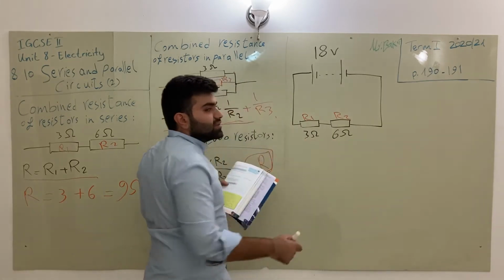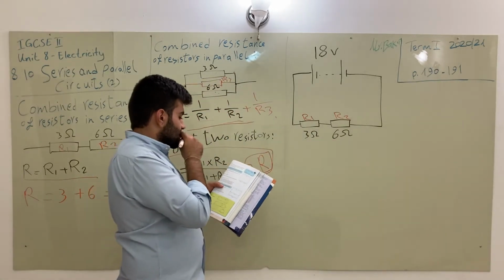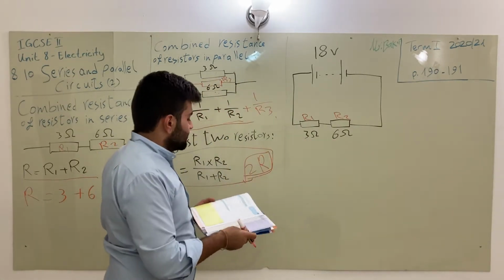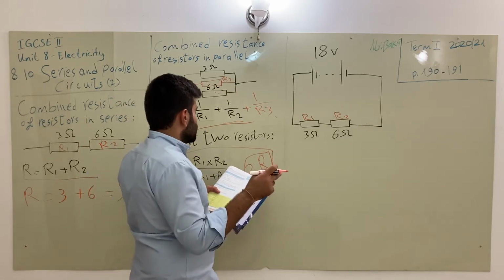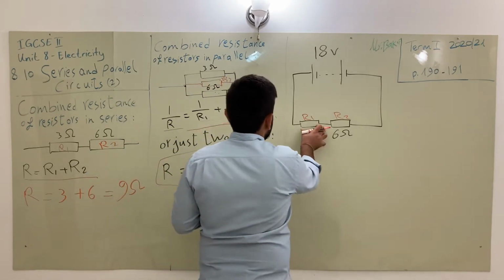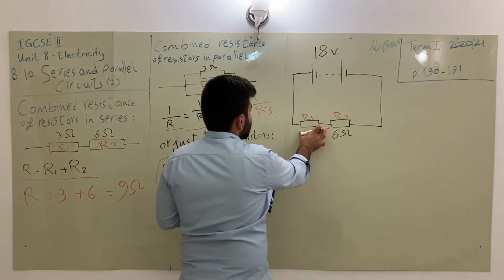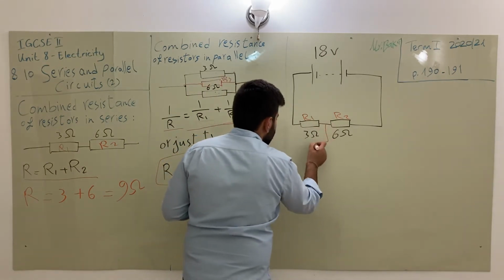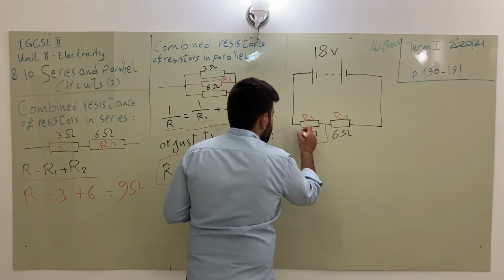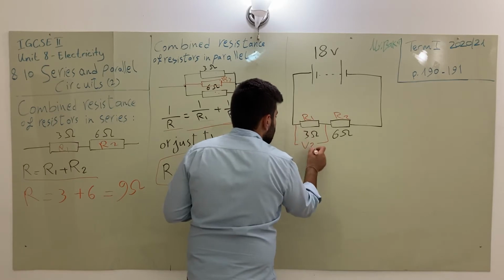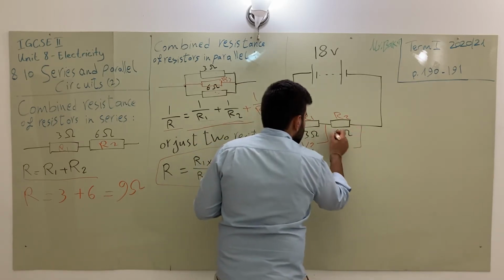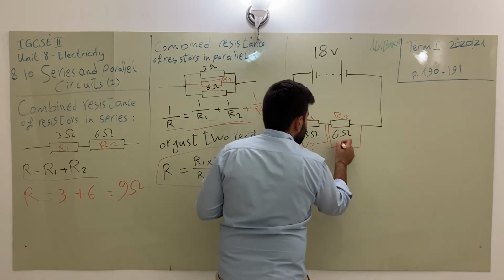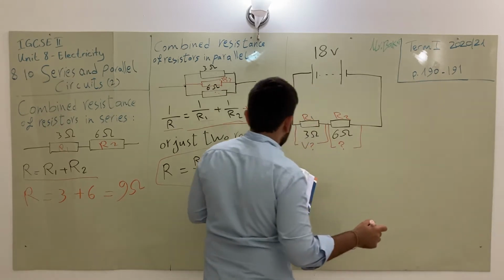The first one has 3 ohm, and the second one has 9 ohm. So what do they want? The potential difference across each one. That means here, how much is the volt, and also here, how much is the volt.